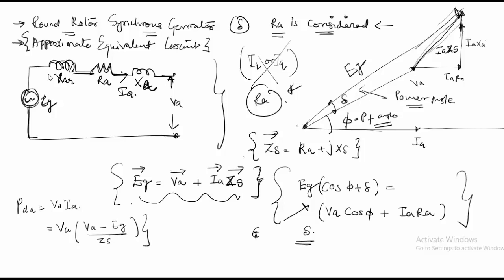So when you are considering this in terms of angles, then this will be your VA making an angle of phi degree minus EG making an angle of phi plus delta, divided by your ZS making an angle of theta.